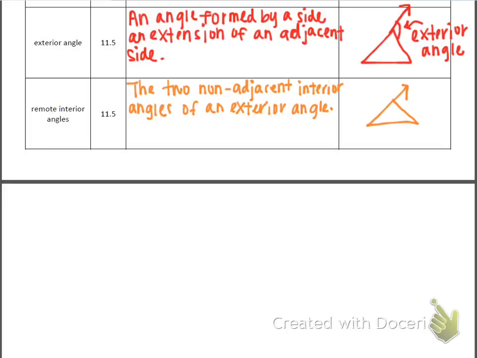So can I use this one right here? If this is my exterior angle, can I use this as a remote interior angle? No, because it's adjacent, right? So which two angles are non-adjacent? The two opposite ones. So this one and this one. Those are called the remote interior angles.